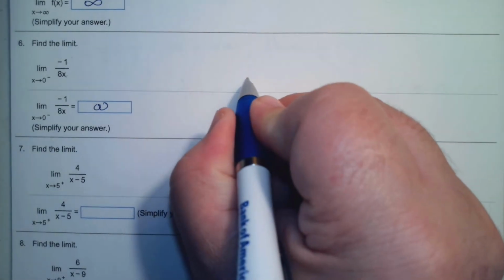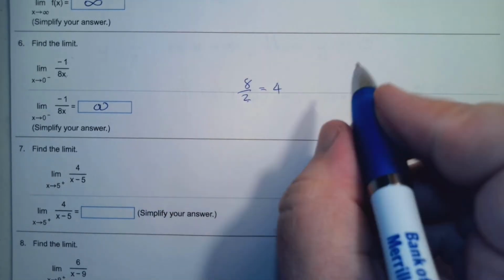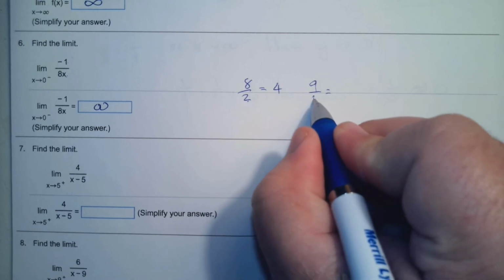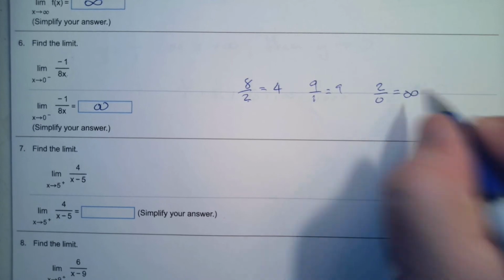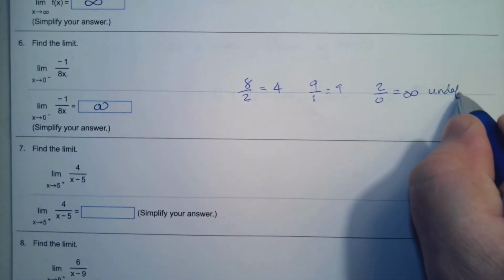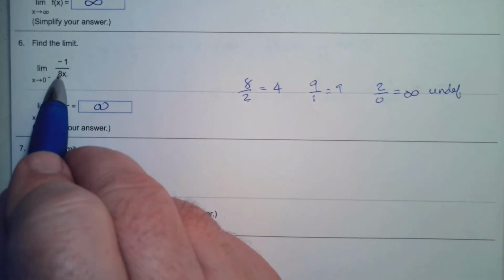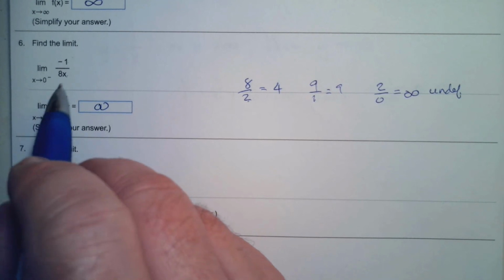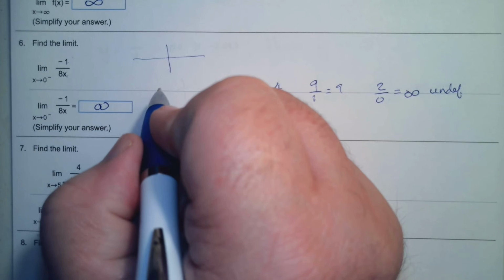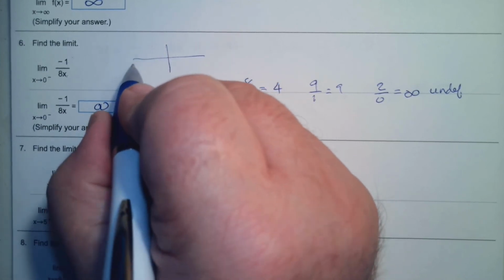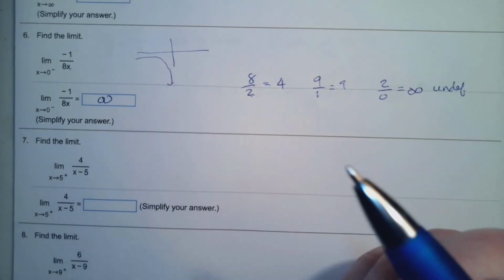So if we had 8 over 2, 2 goes into 8 four times. 9 over 1, 1 goes into 9 nine times. 2 over 0, it goes in there infinite times, or it's undefined. So what we have here is a vertical asymptote. When the bottom goes to 0, our function goes to infinity.